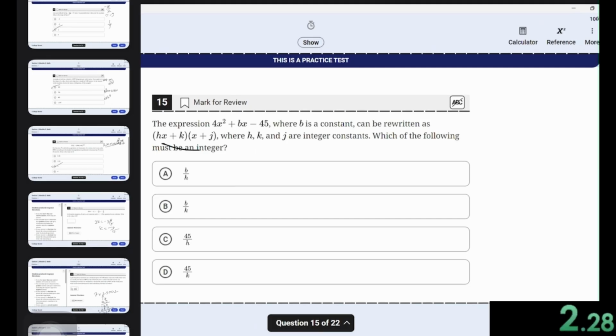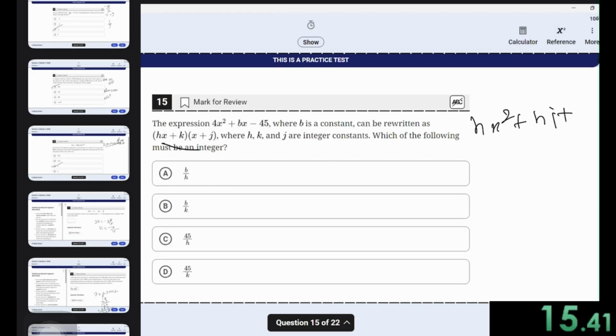You know what, let's just multiply this. So hx square plus hj plus hx square plus hj plus hjx plus kx plus kj.